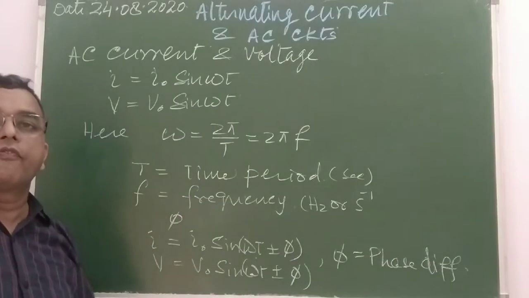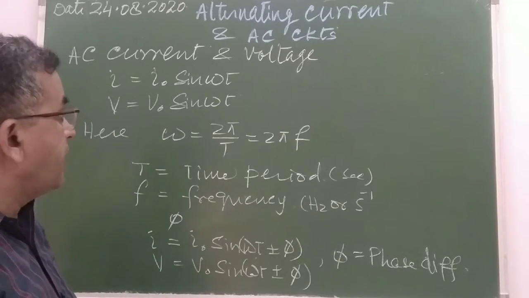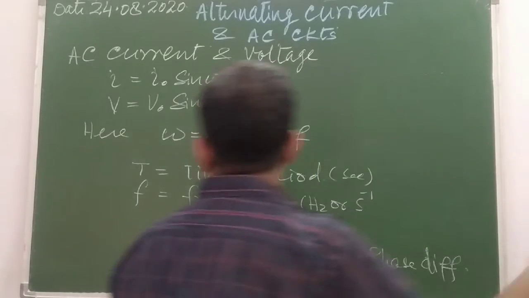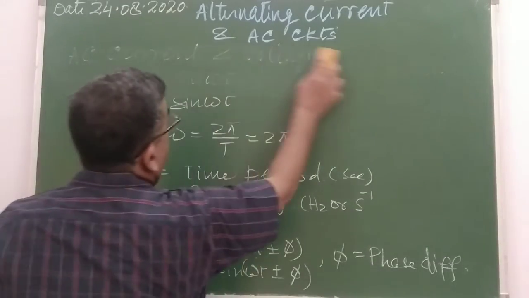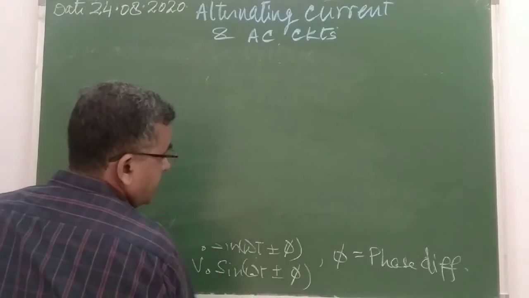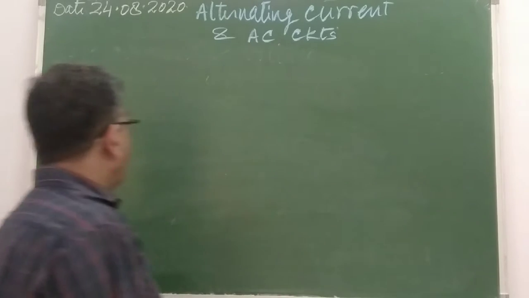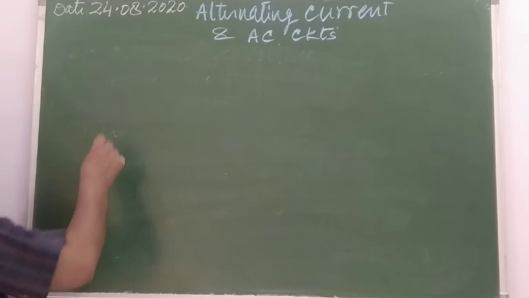Afterwards we define some important terms, that is the average value of AC and average value of AC voltage.